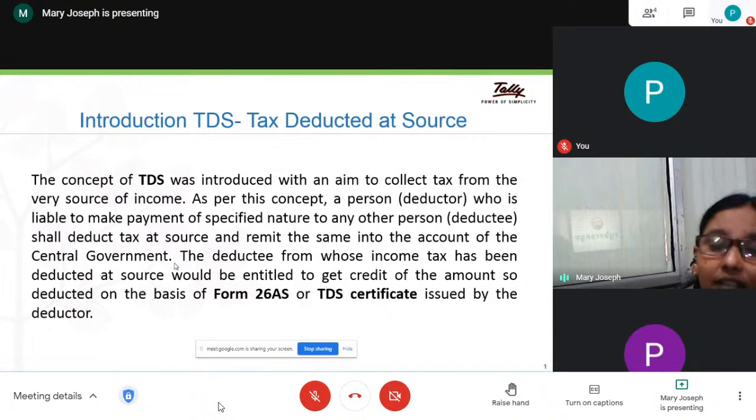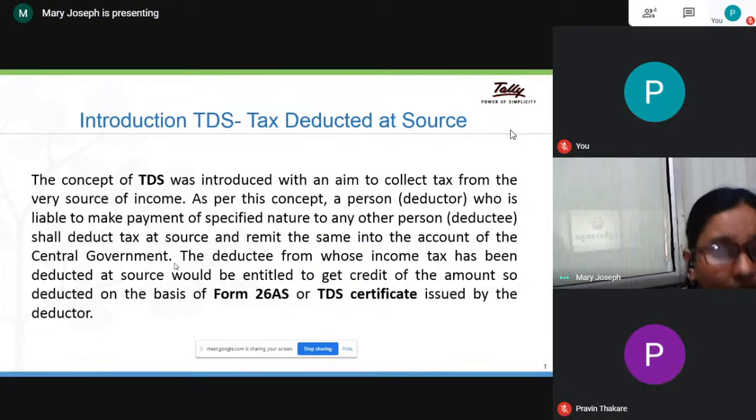The deductor is going to deduct the tax amount from the deductee's payment and give it to the central government. The deductee receives less than the committed amount from the deductor, and the deductor gives him Form 26AS or a TDS certificate for the lesser payment.